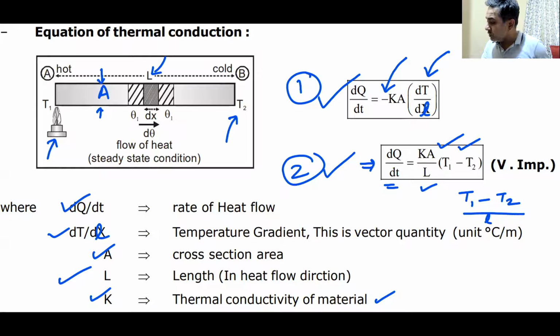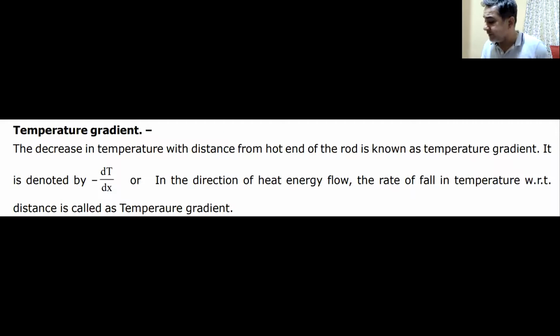And here is a short note about temperature gradient, if you want to note it down in your sheet. What is temperature gradient? The change in temperature with the distance or with the length is known as temperature gradient. The hotter end temperature is more, the colder end temperature is less. Temperature gradually decreases from the hotter end to the colder end. d theta by dL or dT by dL, how it is changing with distance, is known as temperature gradient.